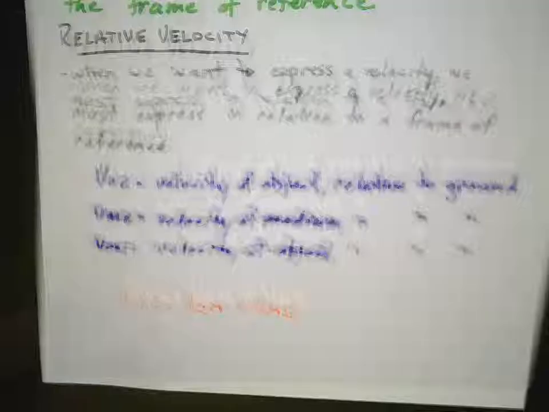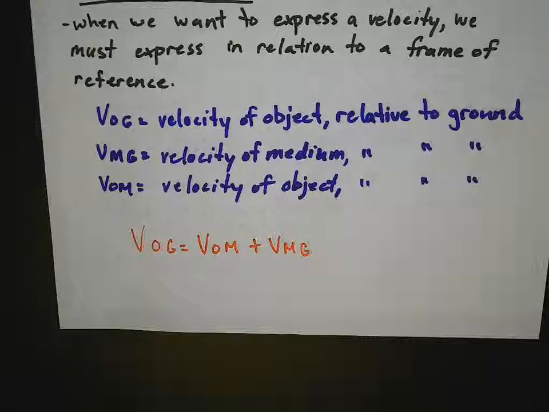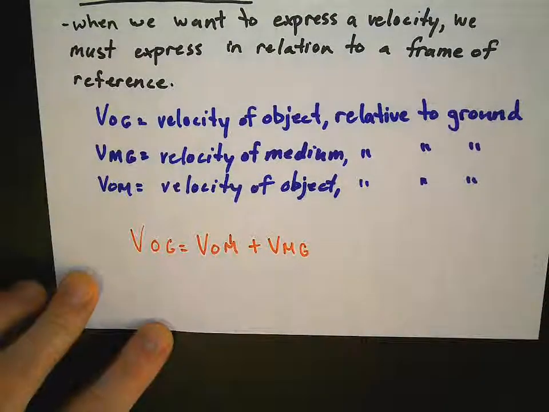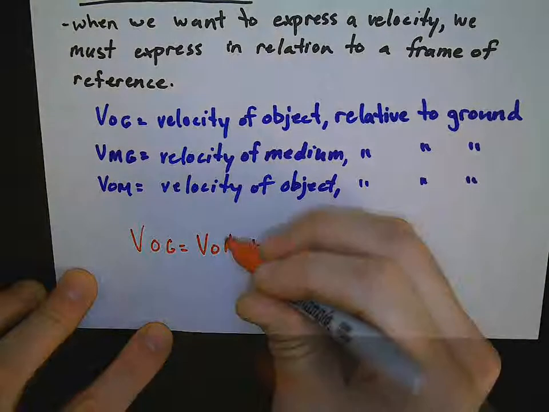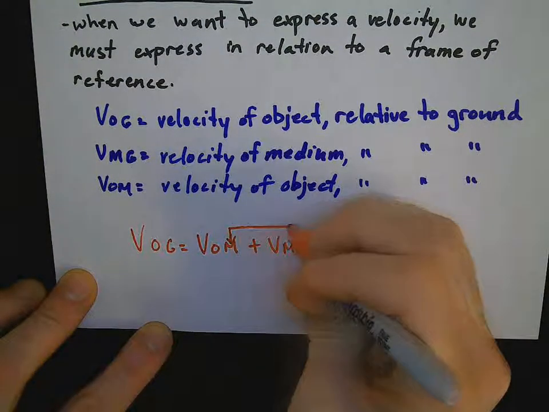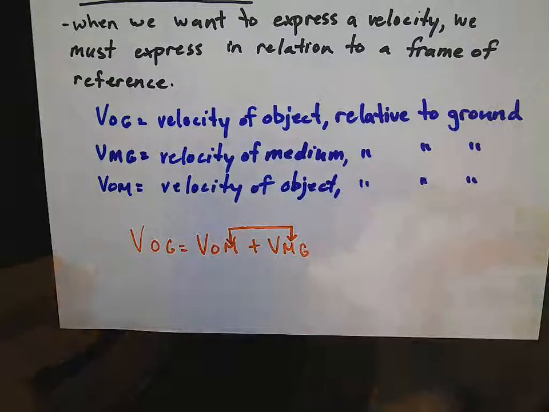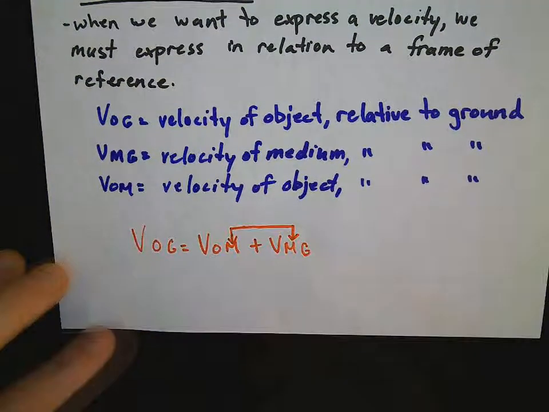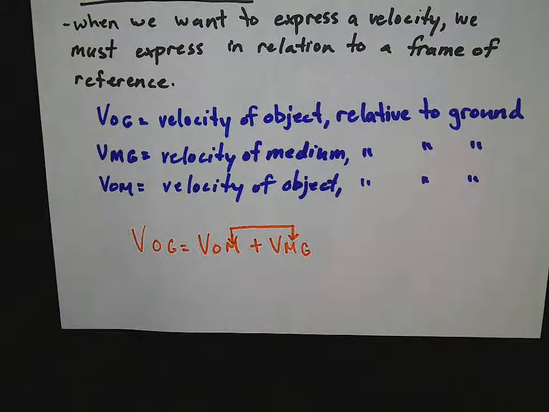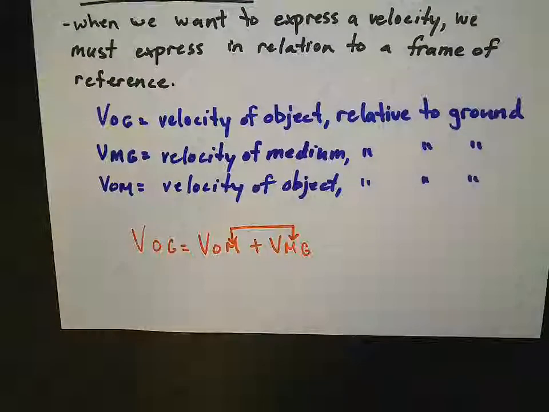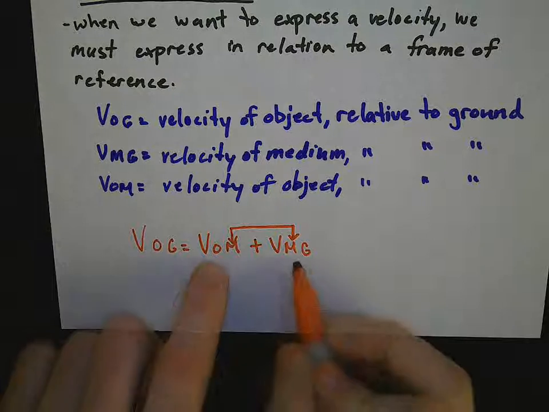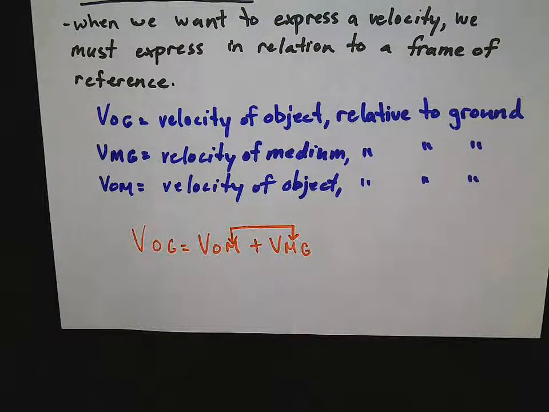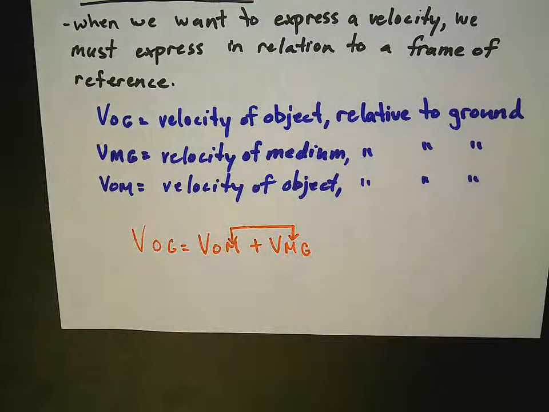If you're ever having trouble connecting those together, you will notice that the second letter in our first velocity is the same as the first letter in our second velocity, which essentially cancels each other out. Then together they give the velocity of our object relative to the ground.